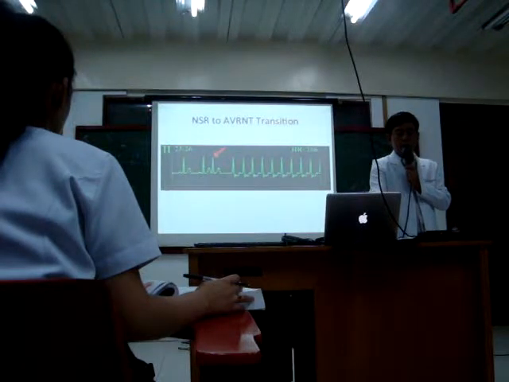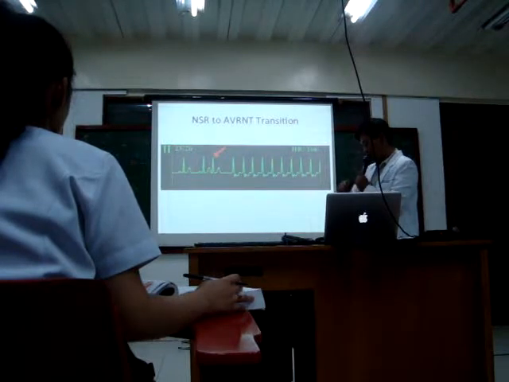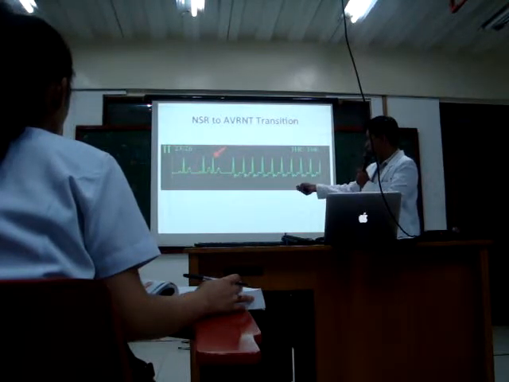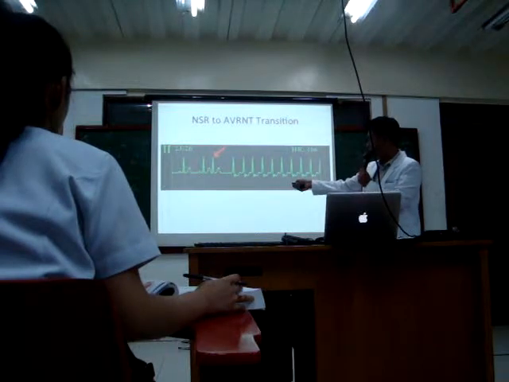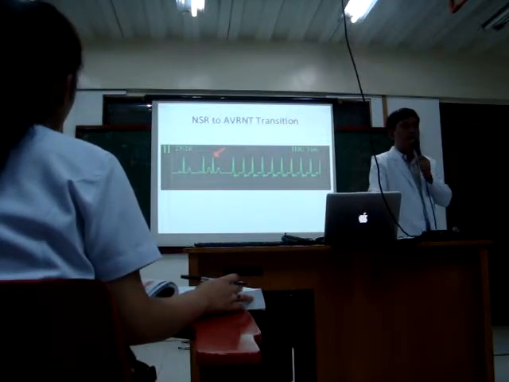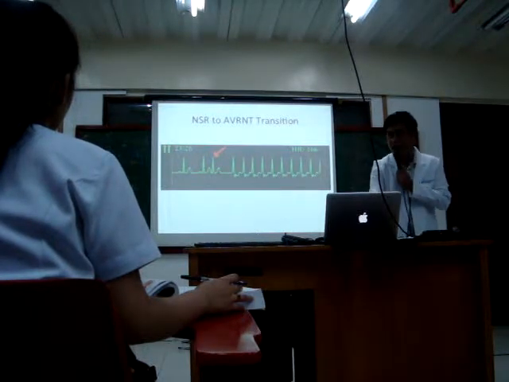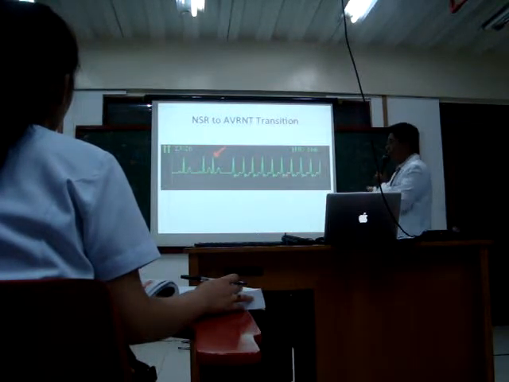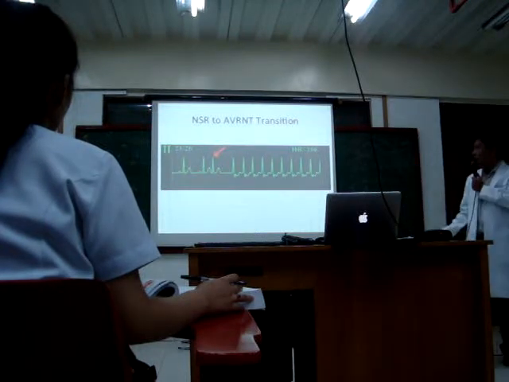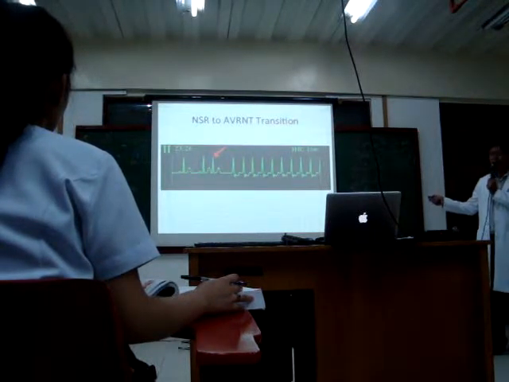Note that this is normal sinus rhythm at this point. Suddenly a premature ventricular contraction, and after the premature ventricular contraction, it becomes AV-NRT. Look at the heart rate. Remember, anything over 140 is most likely AV-NRT.